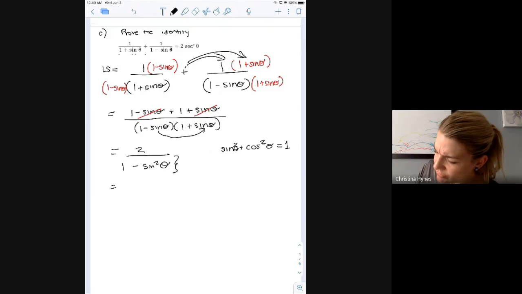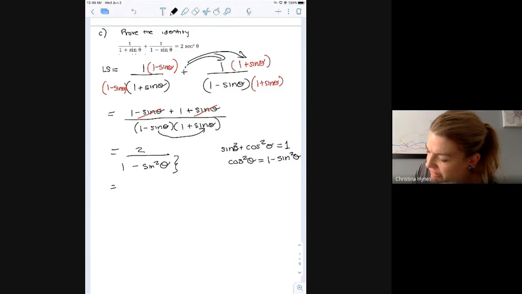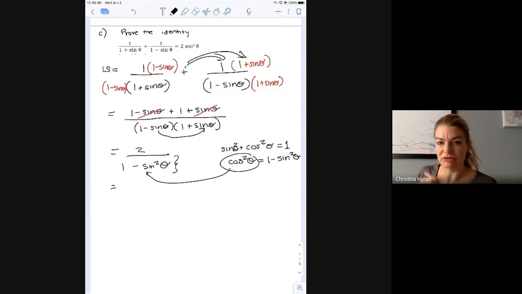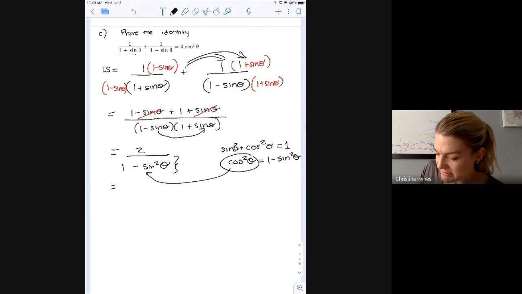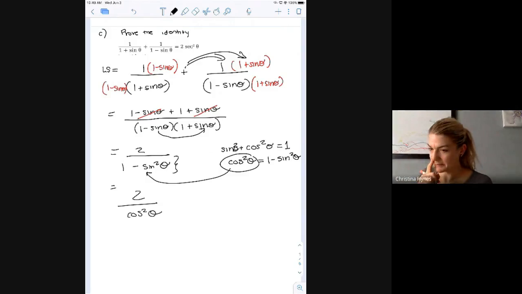So what you want to do is solve for cos squared theta, which is equal to 1 minus sine squared theta. So as you can see, I rearranged the Pythagorean identity, and I just realized that this can replace the whole denominator. So it's going to be 2 over cos squared theta.